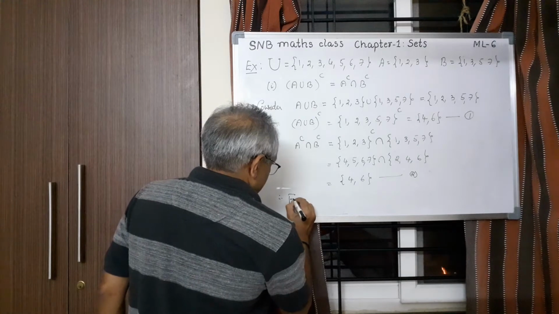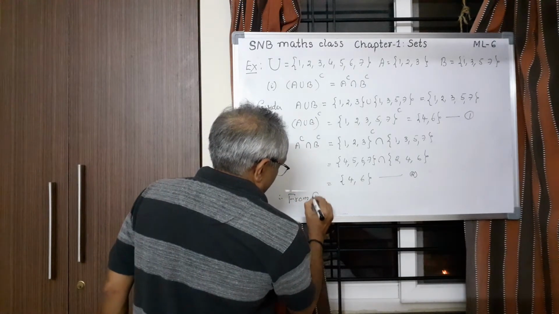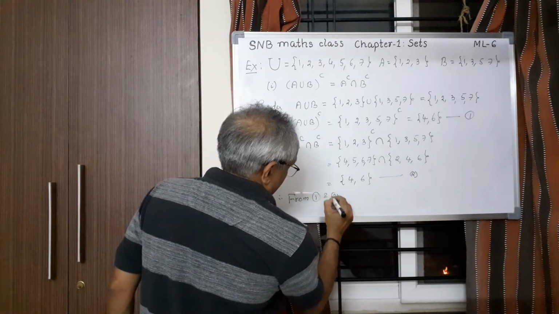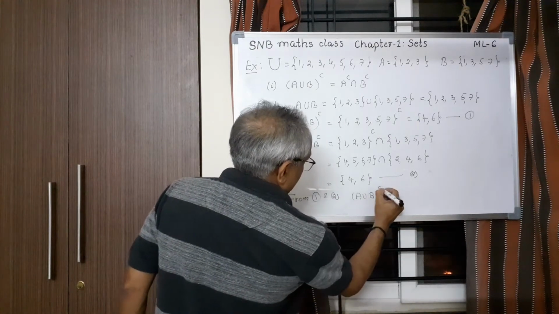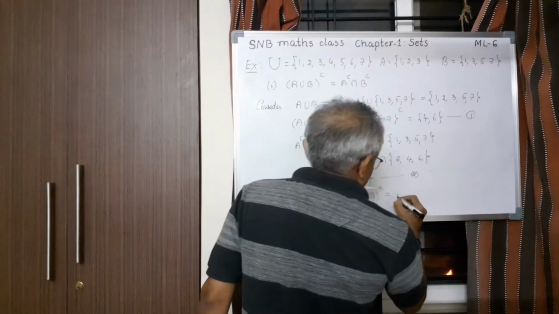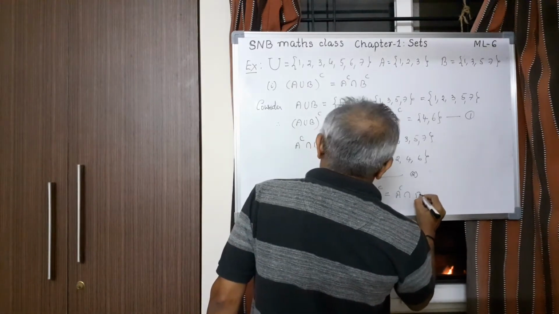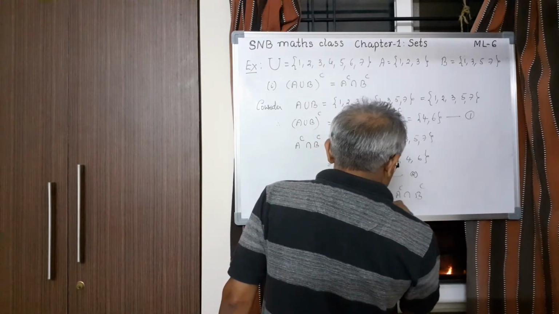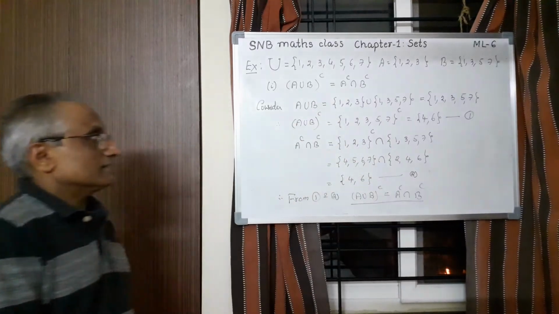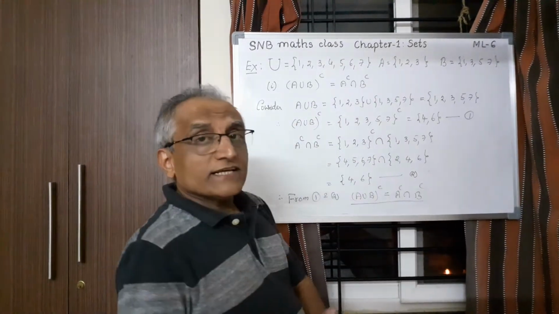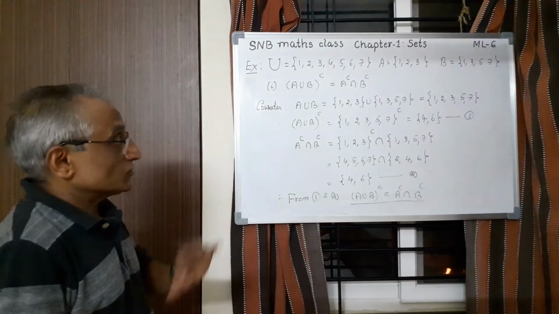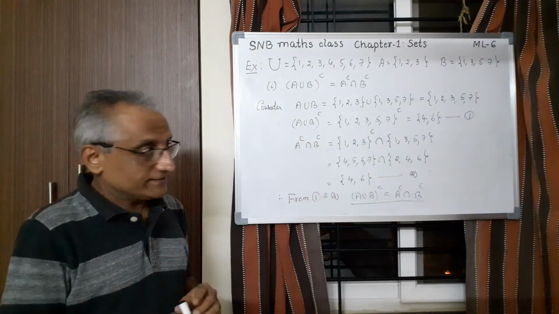Therefore, I can definitely say from 1 and 2 that A union B complement equals A complement intersection B complement. This is the verification. We don't call it a proof actually. Whenever you take an example and then show that they are equal, it is called verification.